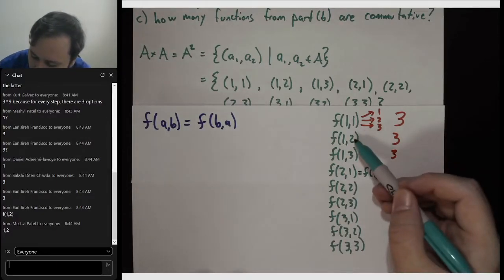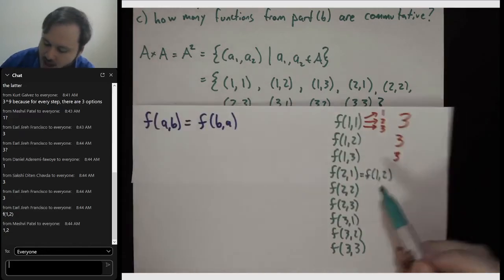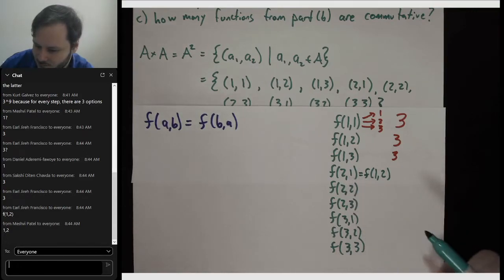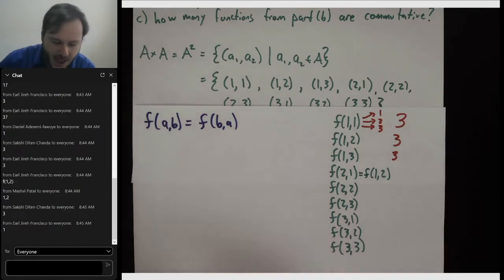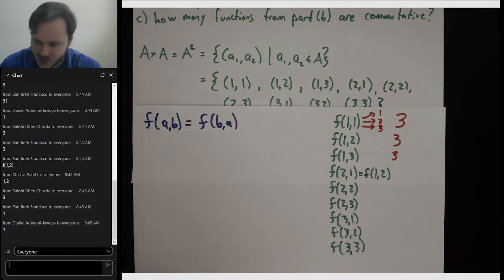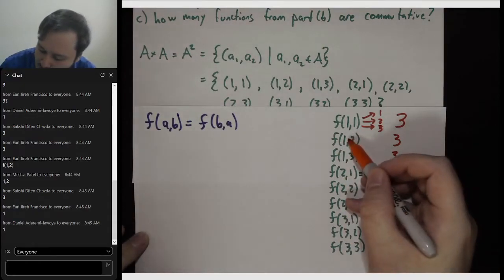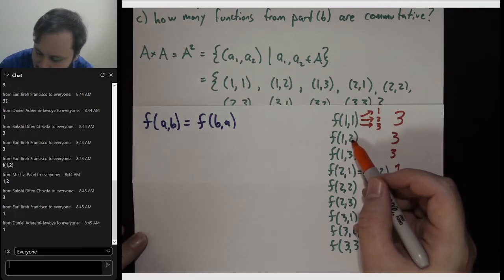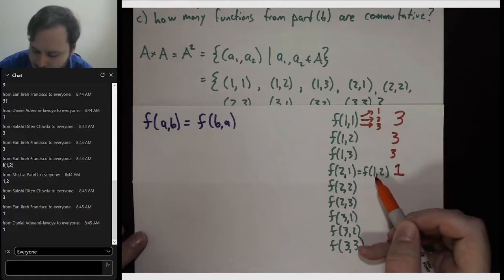So if I already chose f of 1 comma 2, how many options do I have for f of 2 comma 1? Not 3 anymore. Now I'm down to just 1 option here, because I already made the choice. I had 3 choices when I chose f of 1 comma 2, and that forced f of 2 comma 1 to be the same thing.